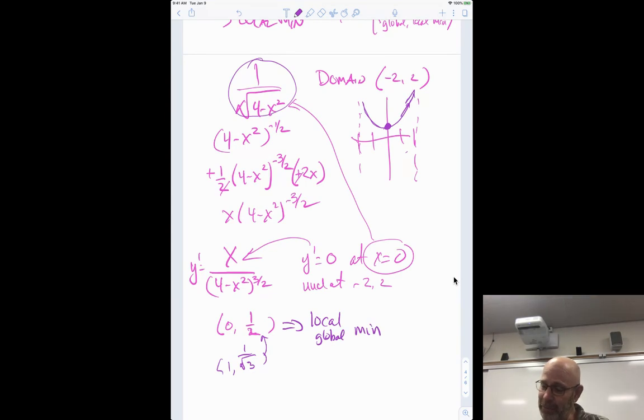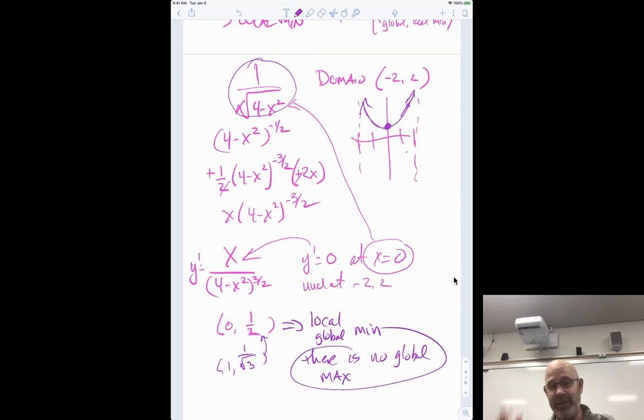Notice the graph. There is no global max because the graph goes up and up and up to infinity. Any graph that goes up to infinity will not have a global max, and down to negative infinity will not have a global min. Could be locals, could be not. So that's the basic process for that.